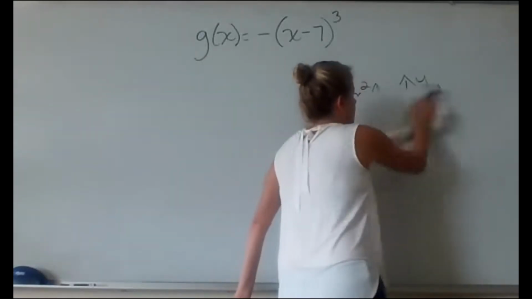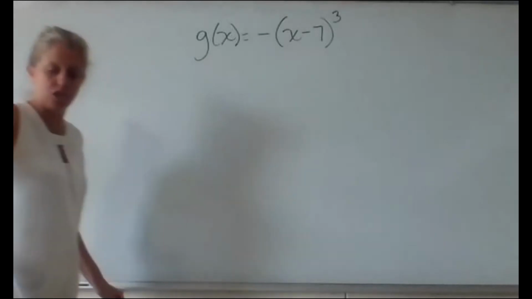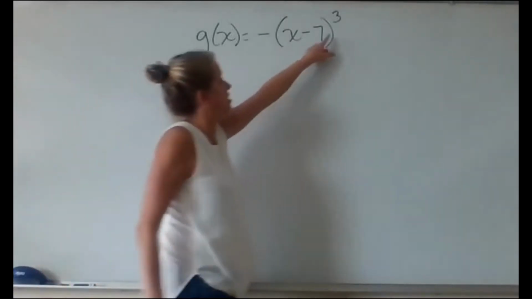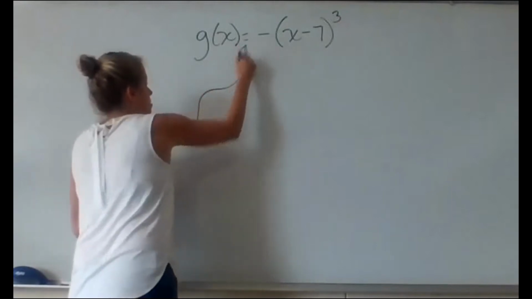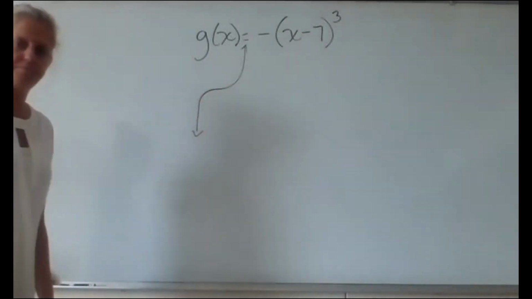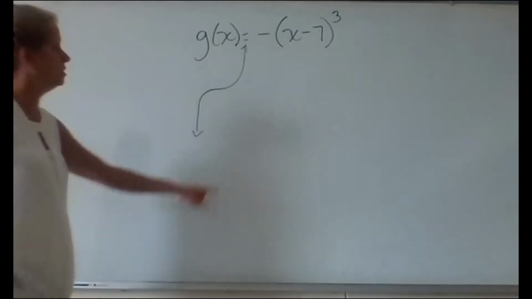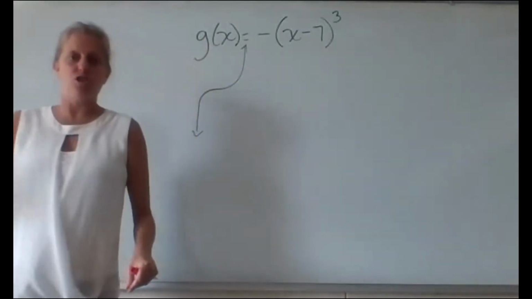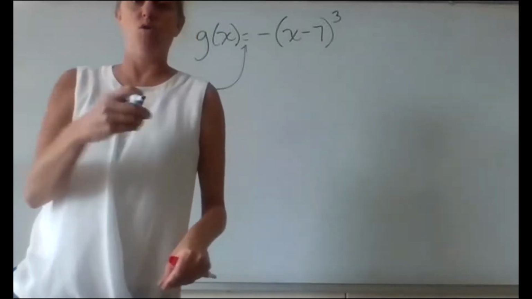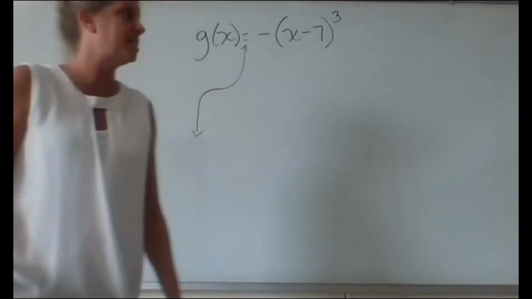So let's look at what's going to happen with this x cubed graph. It's going to have the x cubed shape, which means it's going to start off like that. The inside number, what do inside numbers do? They shift you left and right horizontally, but you go opposite the sign.